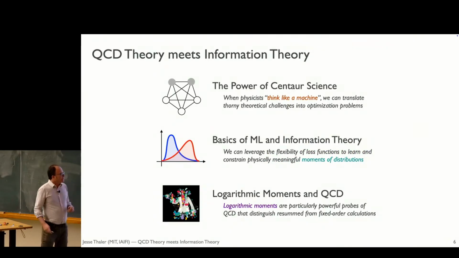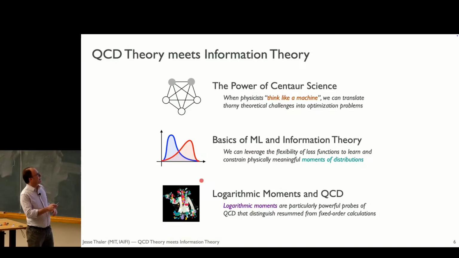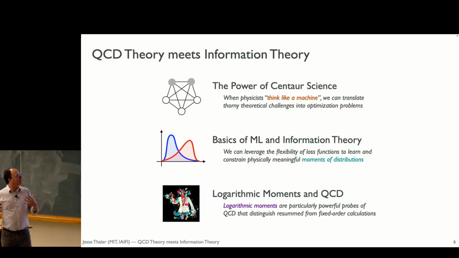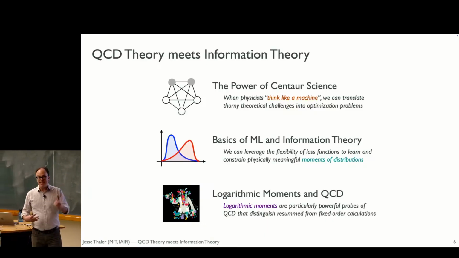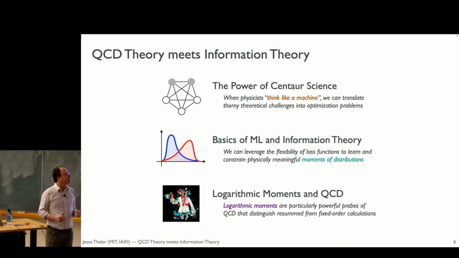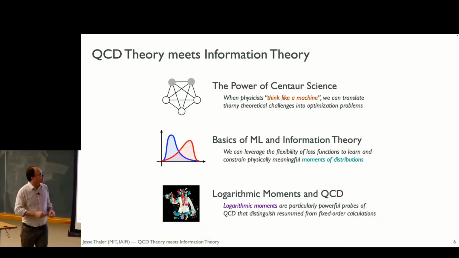So what we're going to do is first advertise this philosophy of centaur science. And I'll advocate that when physicists think a little bit like a machine, we can translate our thorny theoretical challenges into optimization problems and let the machine solve them. Then I'm going to tell you a little bit about the basics of machine learning and information theory, and leveraging the flexibility of loss functions to learn and constrain physically meaningful moments of distributions.